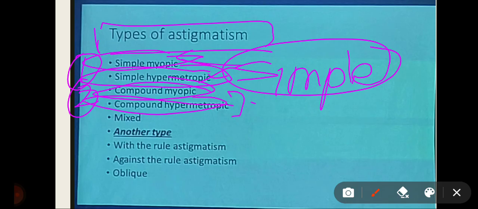This is compound astigmatism. In this type, the rays of light in both the meridians are focused either in front of or behind the retina, and the condition is labeled as compound myopic or compound hypermetropic astigmatism respectively.